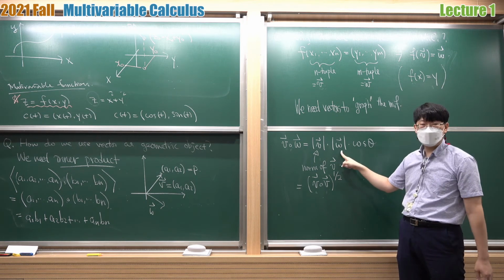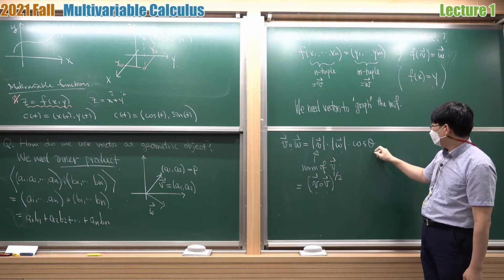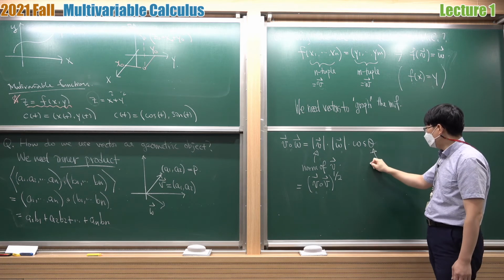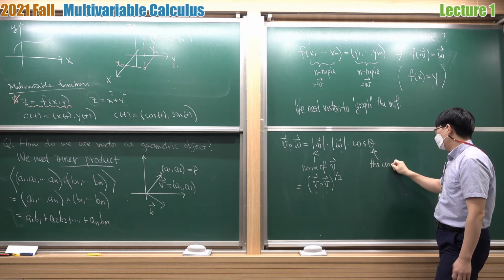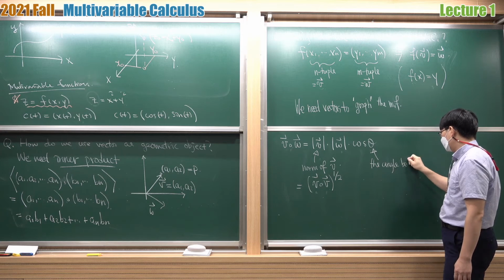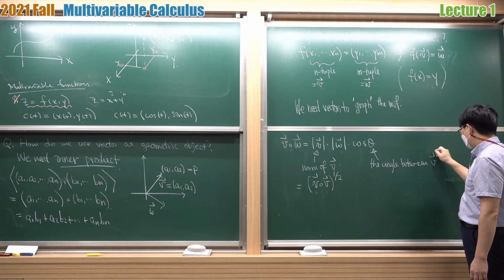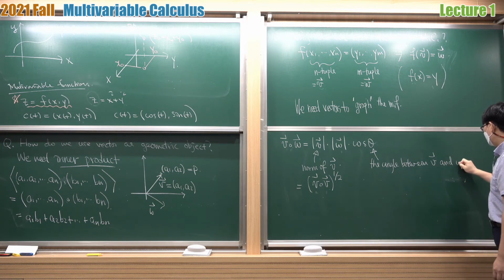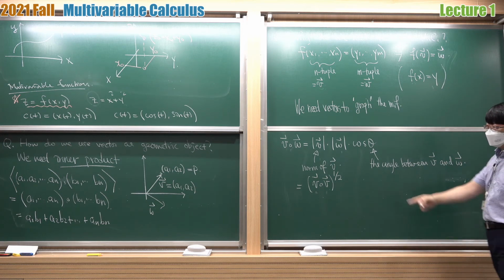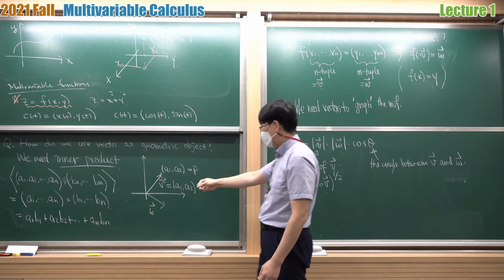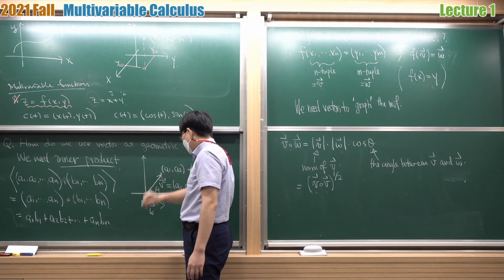Same for the norm of W. And what is the theta here? Theta is the angle between V and W. So for example, in this picture, two-dimensional vectors have angle theta.